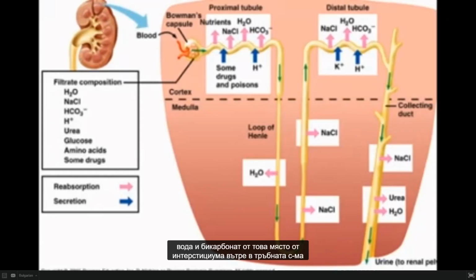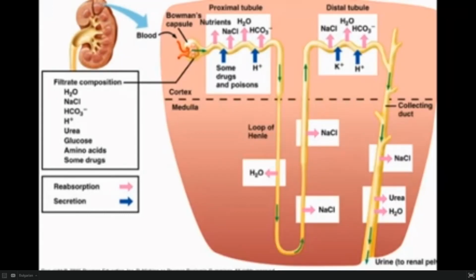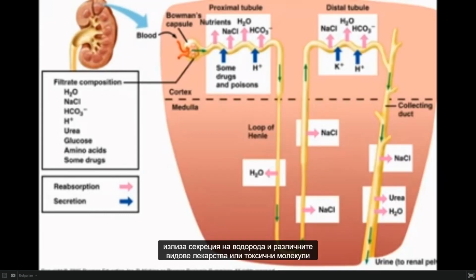From the interstitium into the tubular system goes secretion of the hydrogen and different kinds of drugs or toxic molecules.